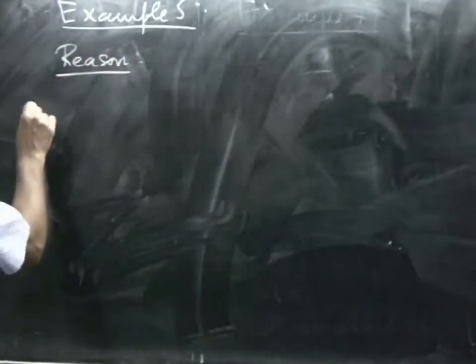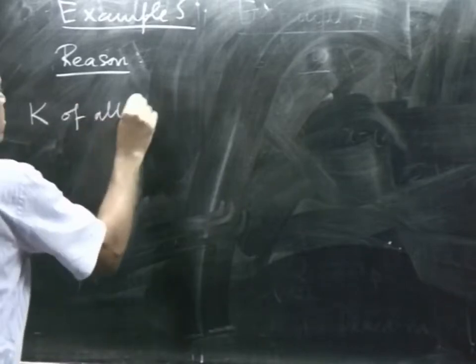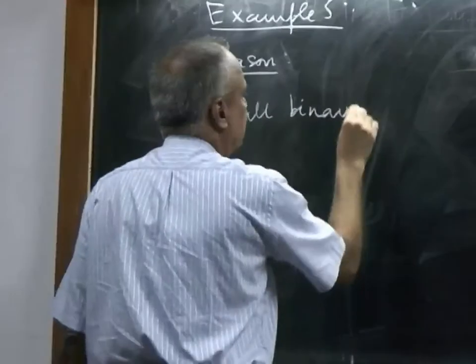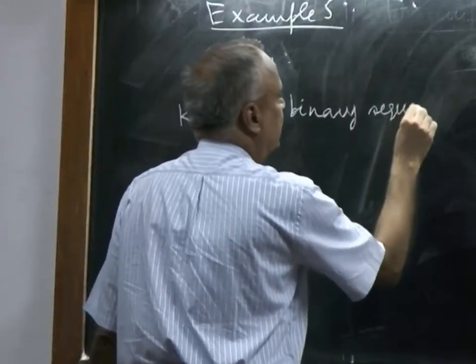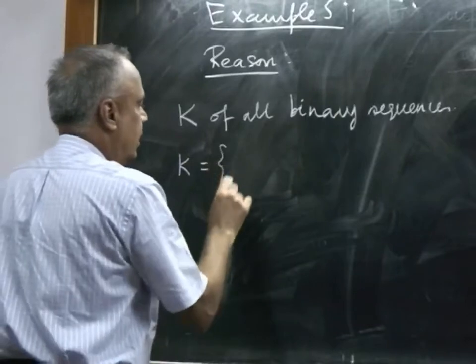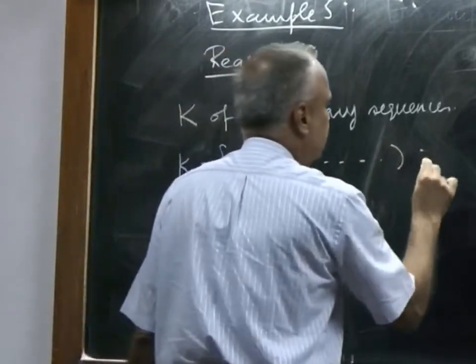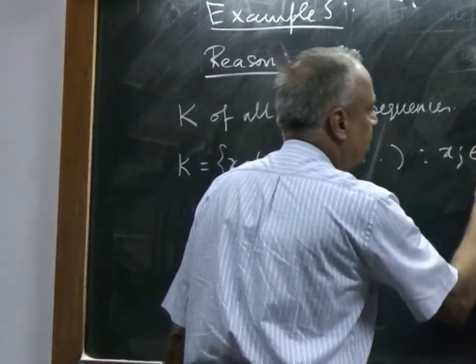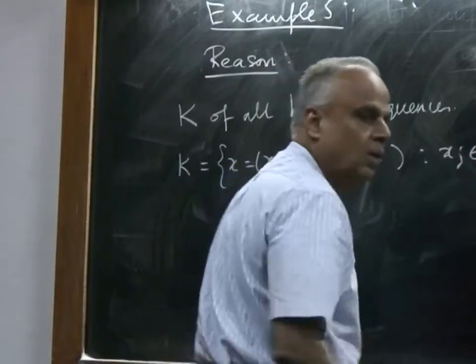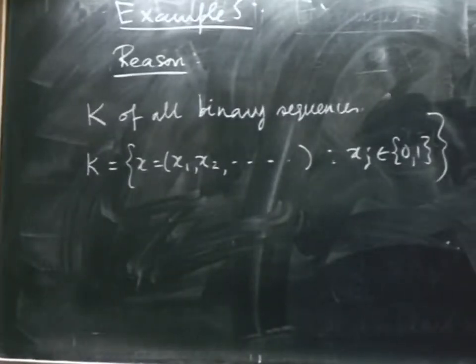Now look at first the set K of all binary sequences. What are they? K is all such vectors such that x_j are either 0 or 1. Look at all those vectors whose components are either 0 or 1. They are obviously in L infinity.